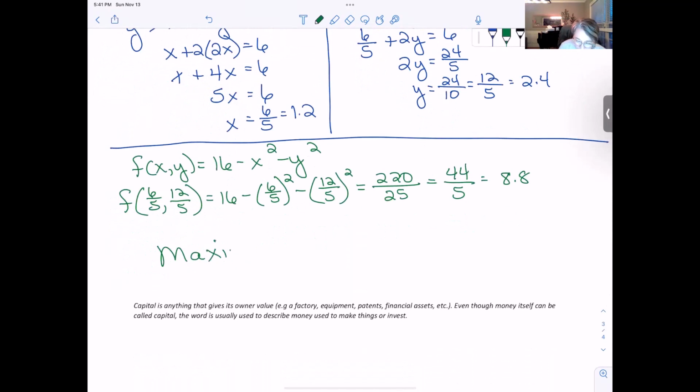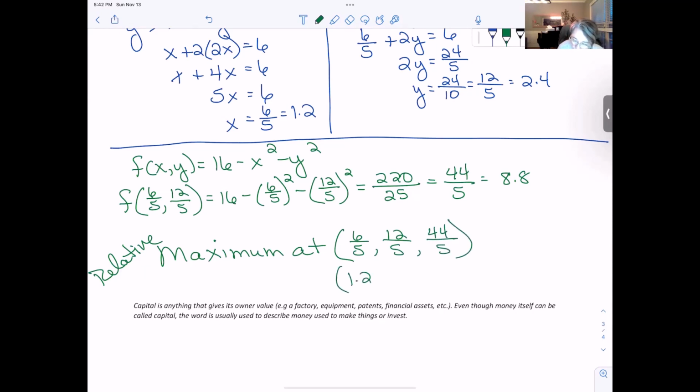So this guy maximizes, and it's a relative maximum at our x value, which is 6/5, y value, which is 12/5, and our output value of 44/5, or we can write it as 1.2, 2.4, and 8.8.